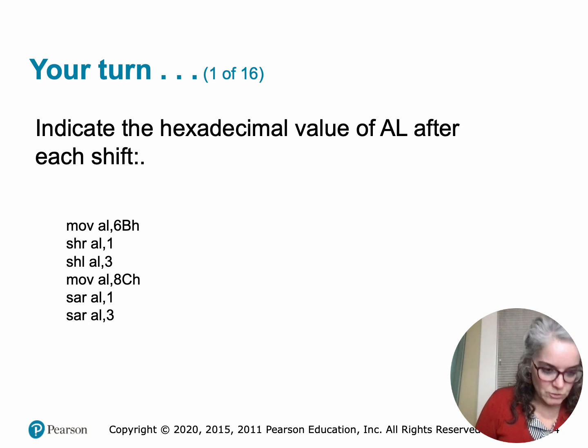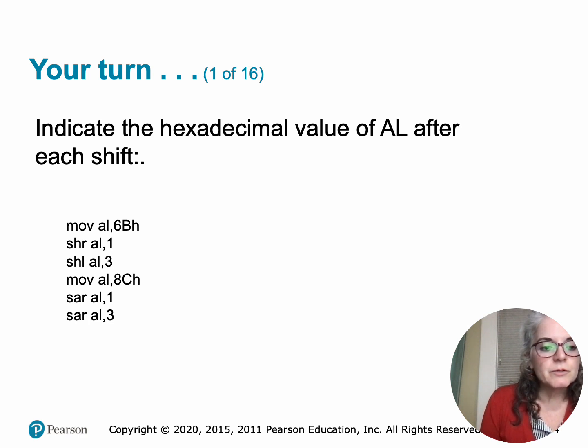So we're going to look at these instructions and calculate what each one does. Now this is a little bit harder because we have hexadecimal numbers instead of binary. So you're going to have to convert first from hex to binary, do the shift, and then convert back to hex. So you can do a little practice.